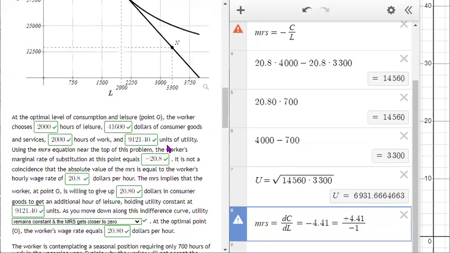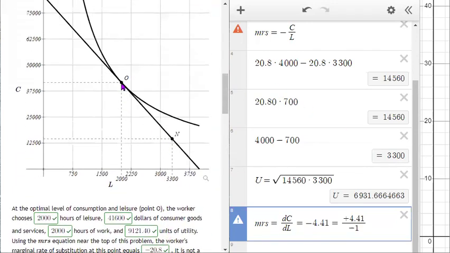Going back to our graph, where is that? We want to find a point on the indifference curve that makes the worker indifferent between working full-time at a restaurant in town versus working part-time at a remote ski lodge. So we have to plug this amount of leisure, 3,300, into our indifference curve.